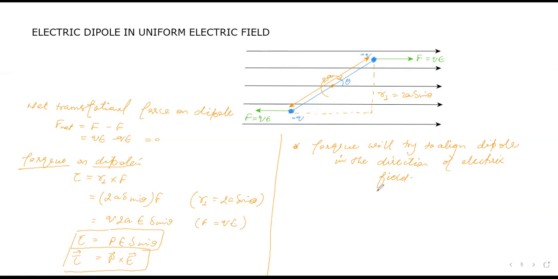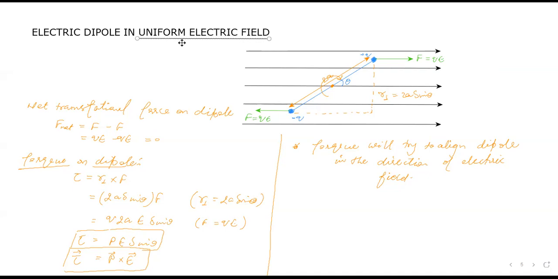Done, sir. Okay. Harsh, it is important to remember here that this whole explanation of the dipole in the field is especially for a uniform electric field. Yes, sir. Are you understanding it or not? This is the condition. What will happen if the field is not uniform?